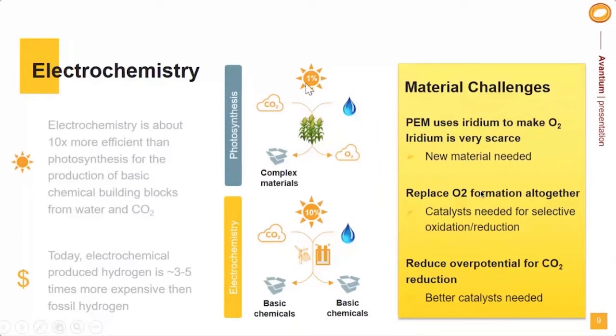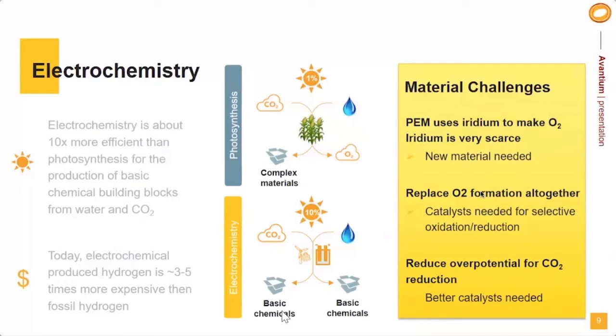Whereas if you go to electrochemistry, at the bottom, the efficiency of CO2 and water to products is around 10%. And you don't make these nice complex materials that plants can make, such as sugars. You make very basic molecules. But actually, those basic molecules you can use to make, for example, fuels.